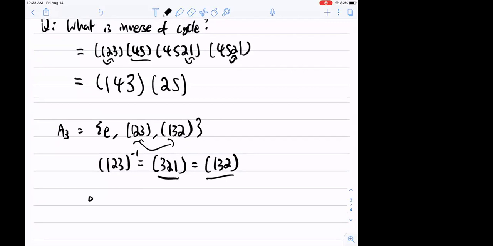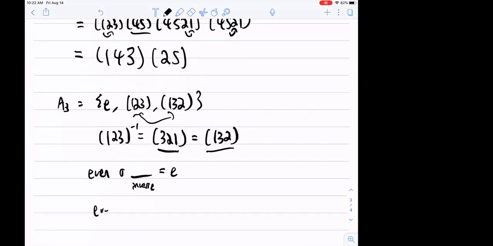If even composed with something is the identity, and this is supposed to be the inverse, then even composed with the inverse... This is quite simple.